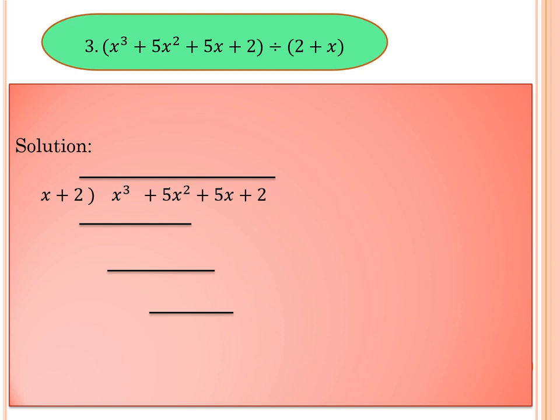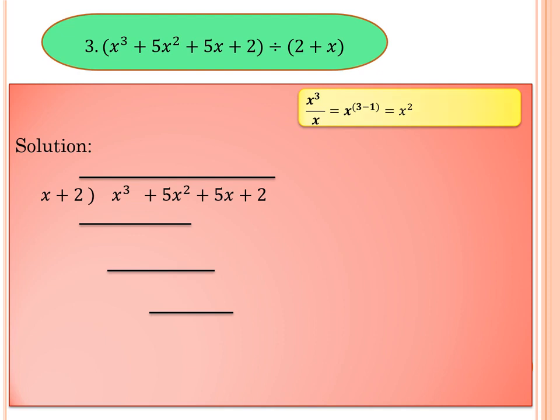Okay? So, next step dito is, yung first term ng dividend natin, mag-divide tayo sa kanya ng first term ng divisor natin, which is x. So, we will have x cubed divided by x. This gives us x squared. And this x squared would be the first term of our quotient.